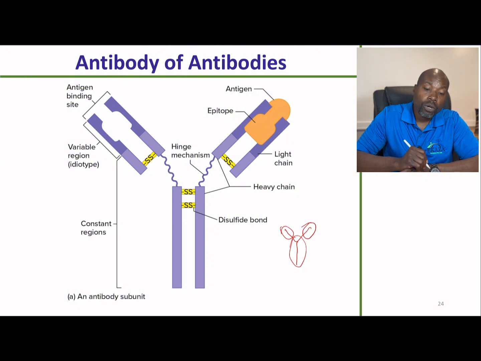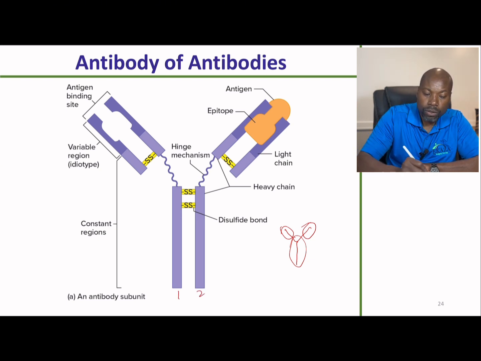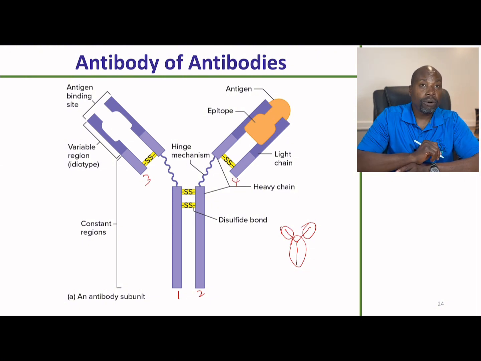Now, when you consider the molecule, we actually see that there are 4 proteins. We have 1, 2, 3, 4. These 4 proteins are really classified into 2 groups.